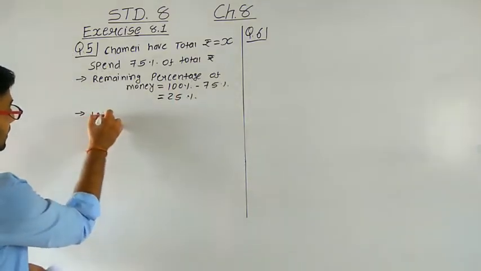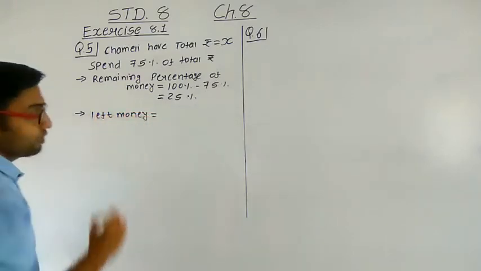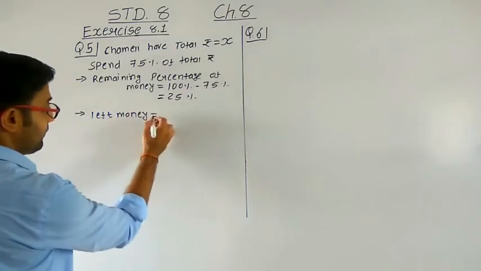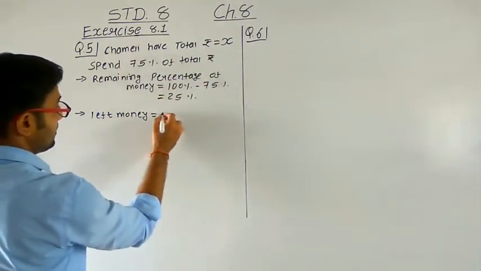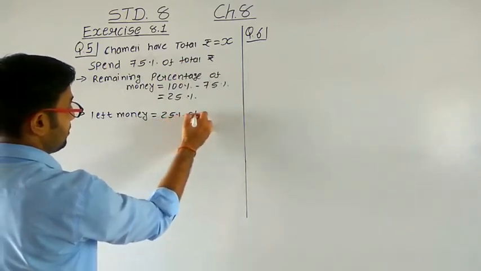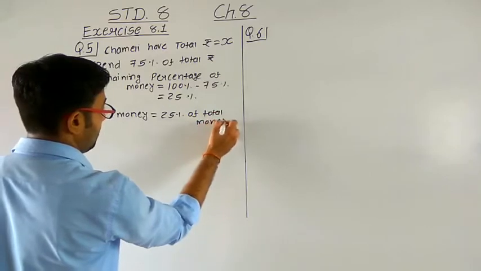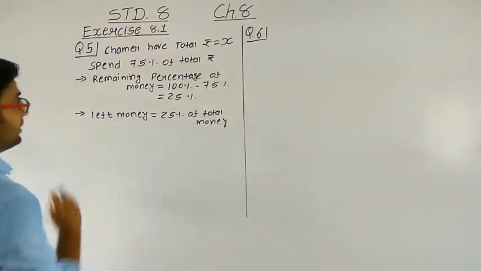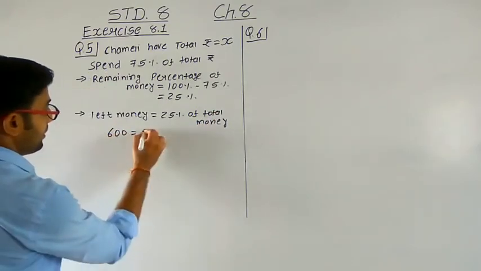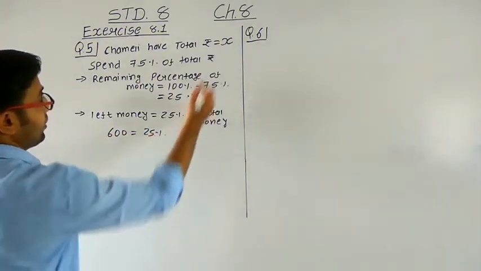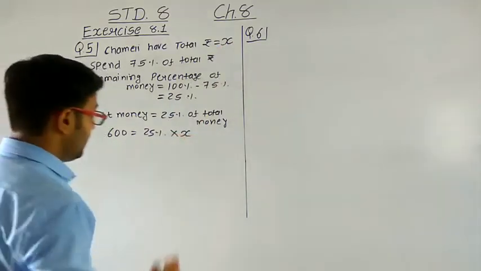So we can write down that the left money is 25% of the total. That is 25% of total money. So the left money is equal to 600. 25% of total, and total we supposed as x, so 25% of x we have to find out.